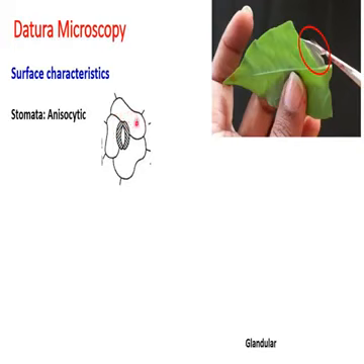Amongst these three subsidiary cells, one is distinctly smaller. So the name is anisocytic. Cyte means cells, iso means similar. So the three cells are not similar. This is the reason why it is called the anisocytic type of stomata.